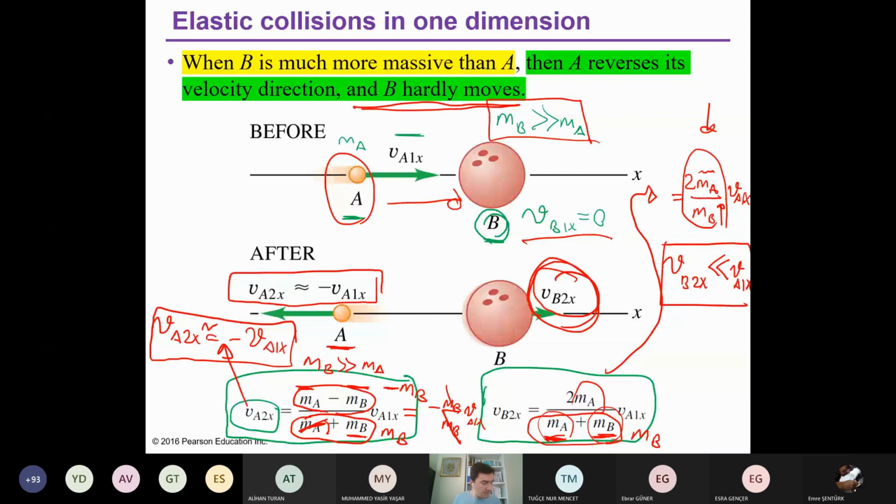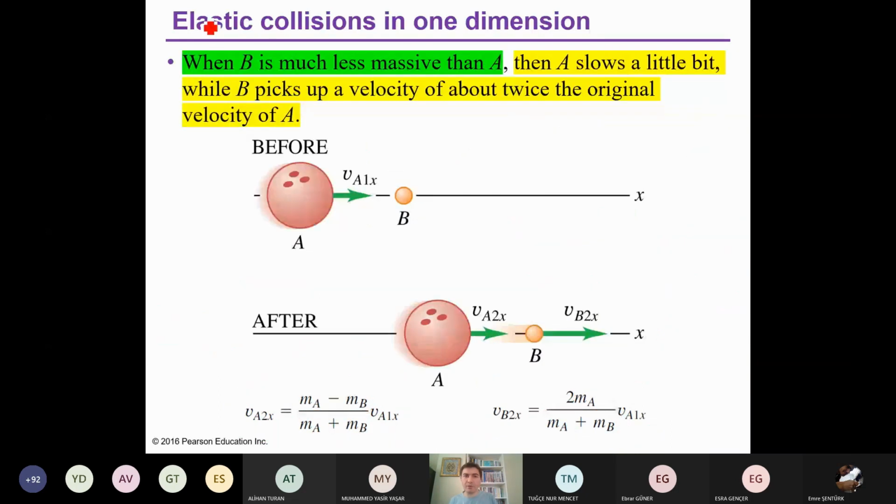Then let me continue with another condition. Let's consider that the B ball is much less massive than the A ball. Now the A ball has a certain velocity and its mass is much bigger than the mass of the B ball.